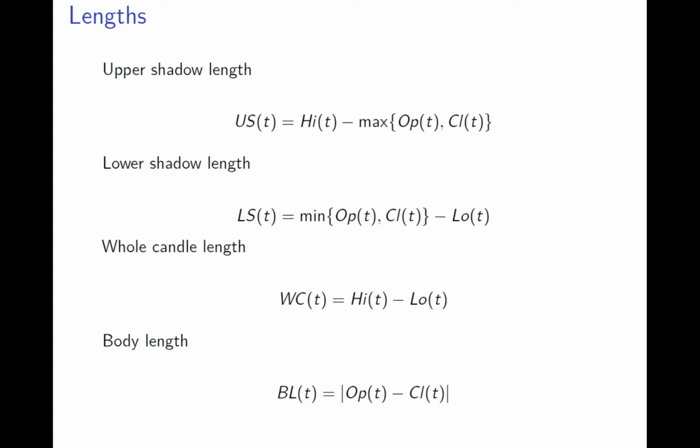The whole candle length, WC, is the high minus low, and body length, BL, is the absolute value of open minus close, or the maximum of open and close minus the minimum of open and close. So that's the body length. In candlestick analysis, the size of the candle and the size of the body will be important.